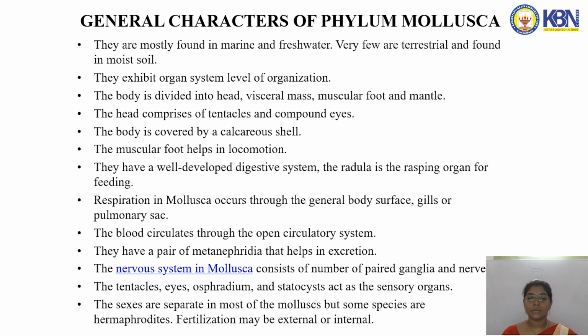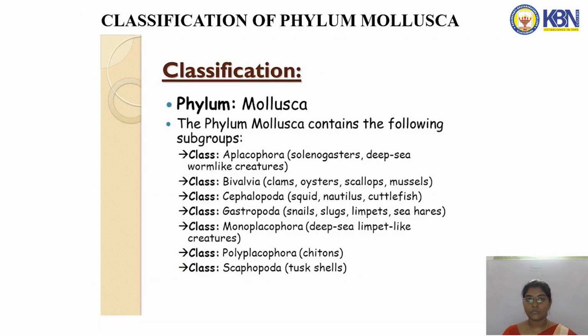The nervous system in Mollusca consists of a number of paired ganglia and nerves. The tentacles, eyes, osphradium and statocyst act as the sensory organs. The sexes are separate in most of the molluscs, but some species are hermaphrodites. Fertilization may be external or internal.